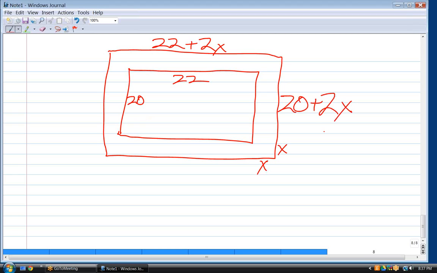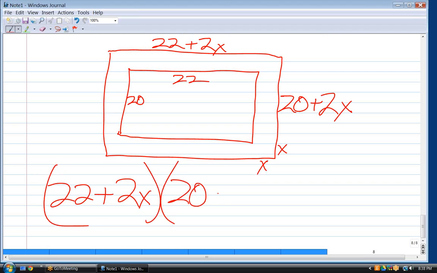So now the area of all of it is 22 plus 2x times 20 plus 2x. In other words, the height times the width. Then would you just multiply those together, and you get your answer.